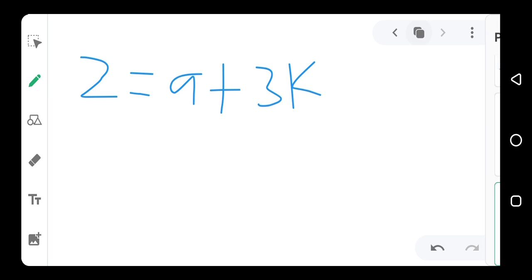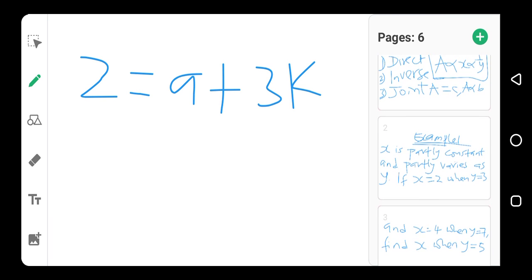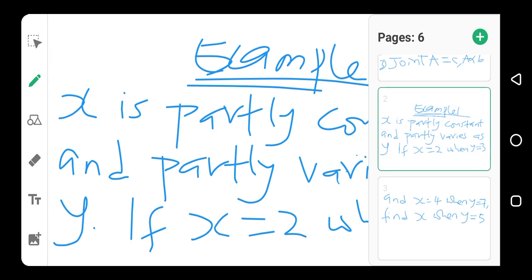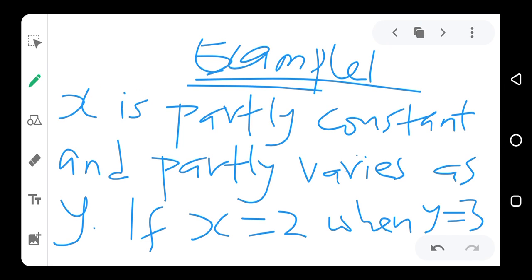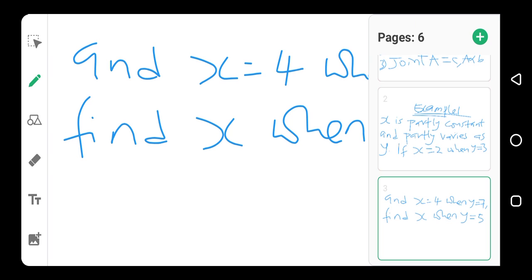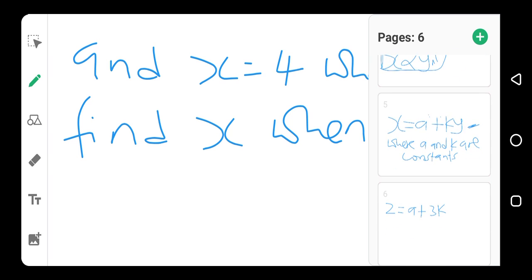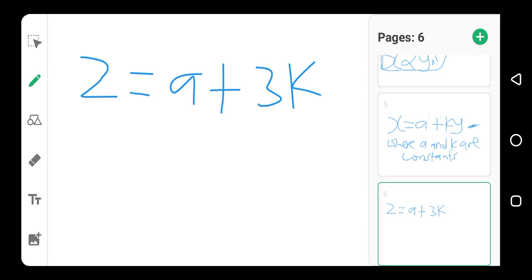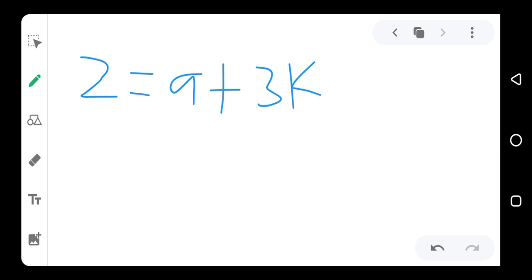Now, the second part of the same question says x is equal to 2 when y is equal to 3, and x is equal to 4 when y is equal to 7. So we still put another relationship there. What it means is that we can call this one equation 1.